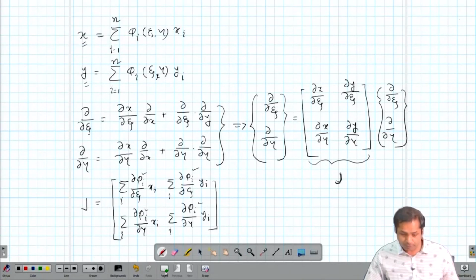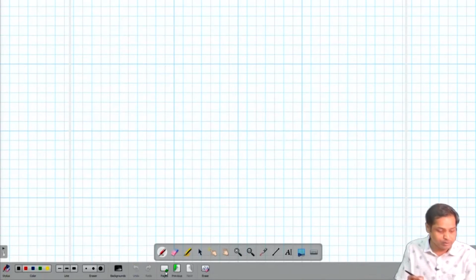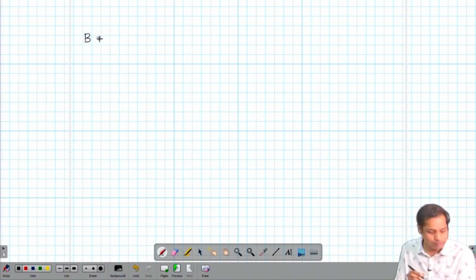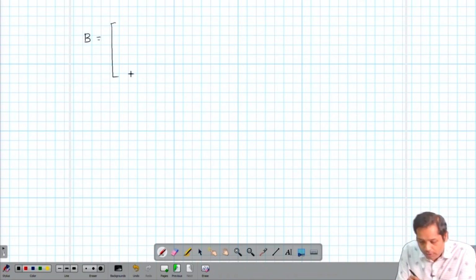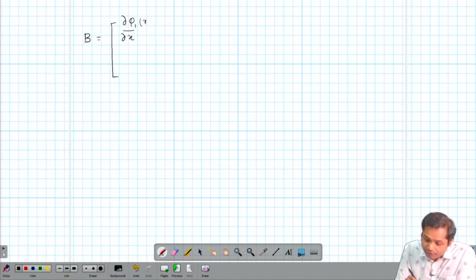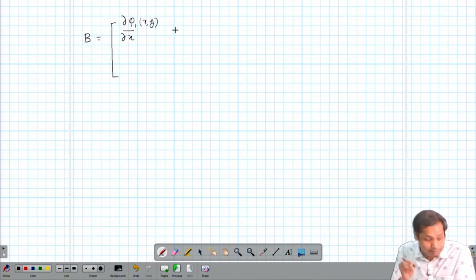Now, let us write the expression for B. We know that B is equal to the matrix with del phi 1 del x, where this phi 1 is expressed as a function of x and y, then del phi 2 del x, del phi 3 del x.